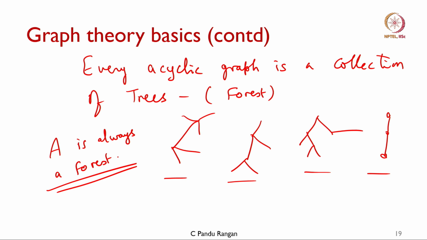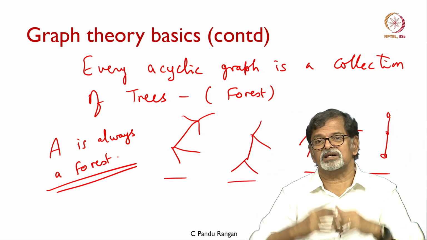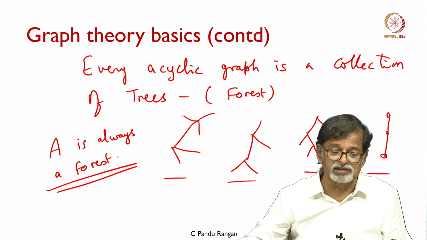Finally, A will have n minus 1 edges and A will become a single tree. But when you look into the development of A, it will have several trees and these trees are fused together and one big tree is formed. This is how.